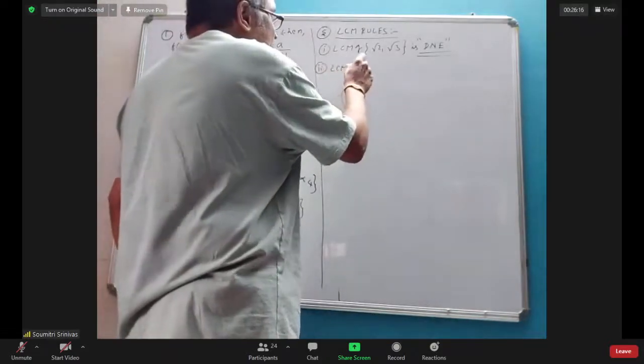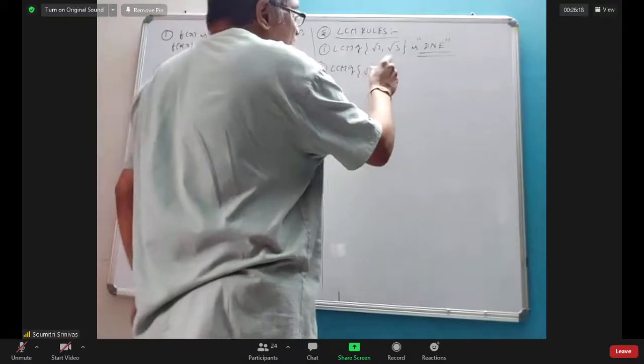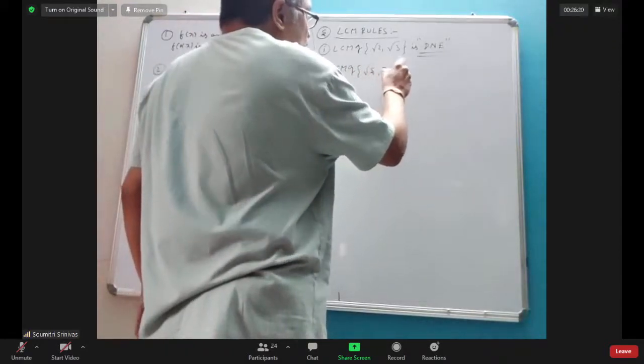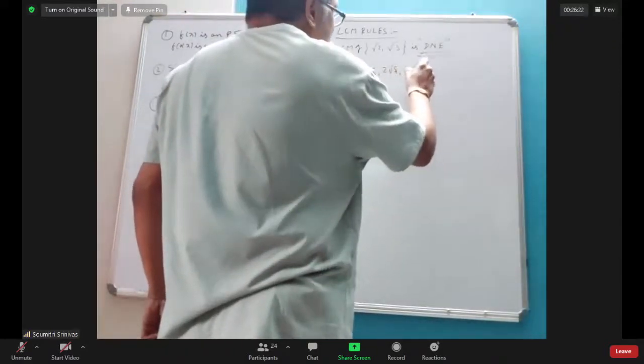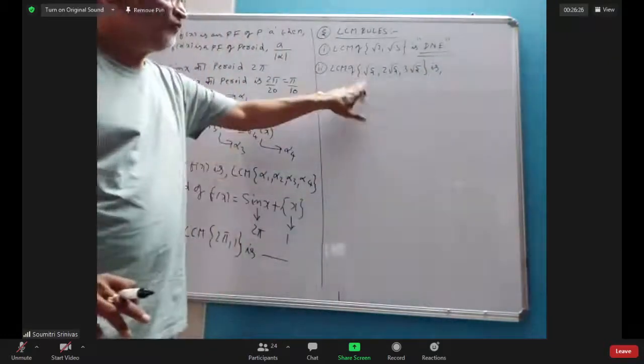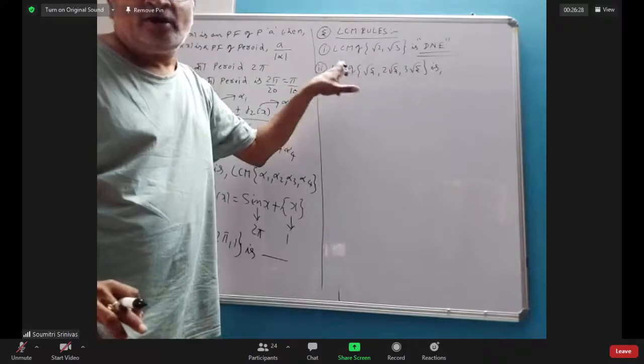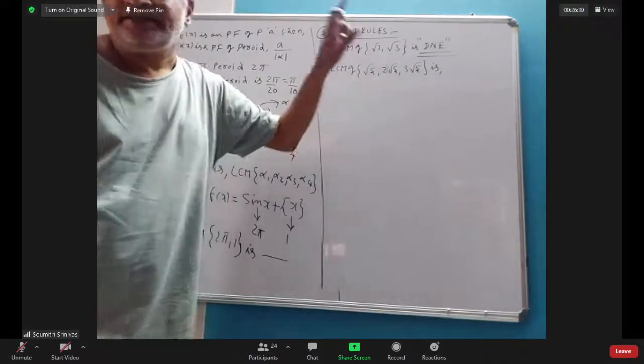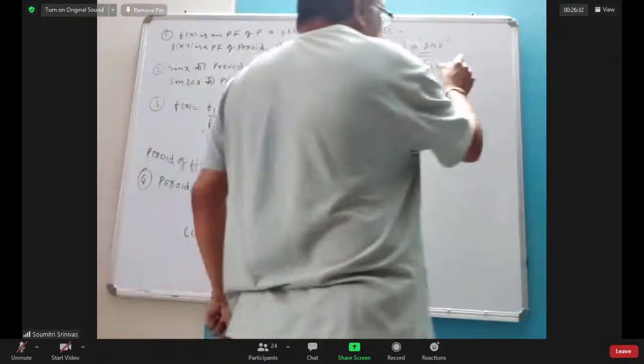LCM of root 5, 2 root 5, 3 root 5. Root 5 is common. LCM of 1, 2, 3, 6. What's the answer?